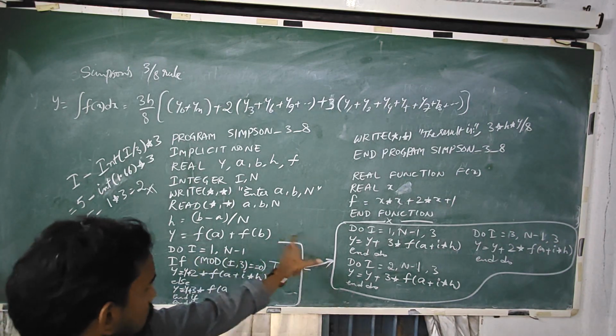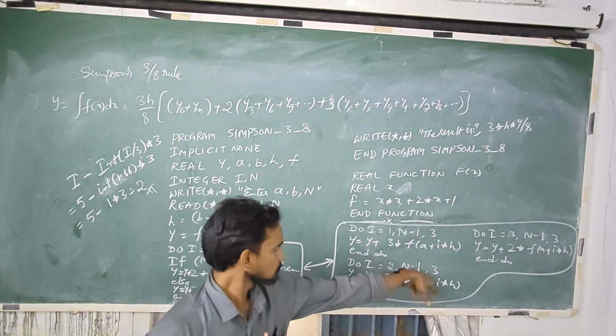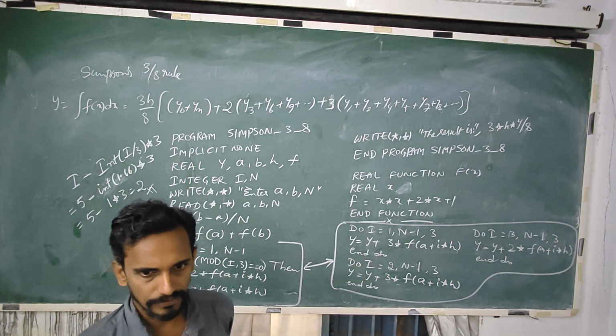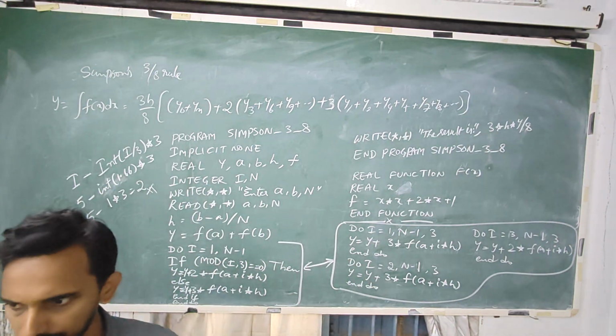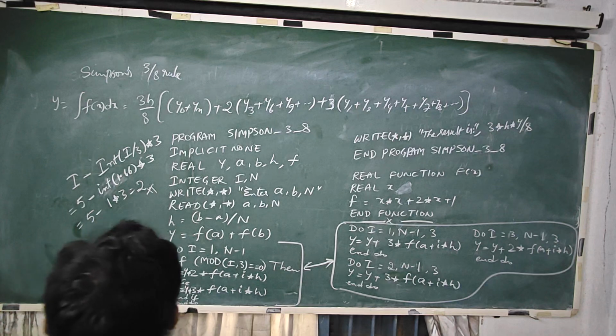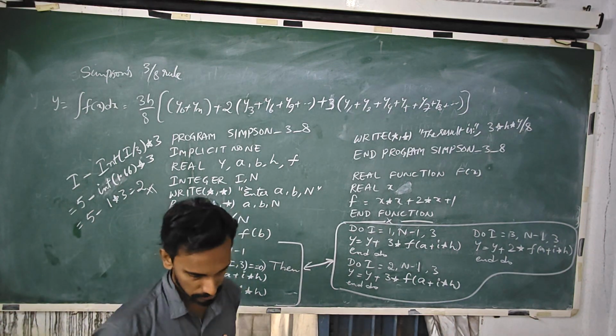The same loop 1 to n minus 1, starting point and step size are changed. Okay. So with that, Simpson's rule is over.